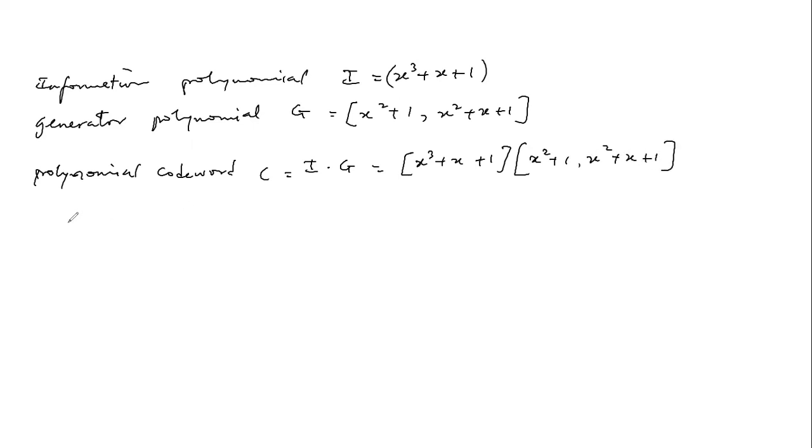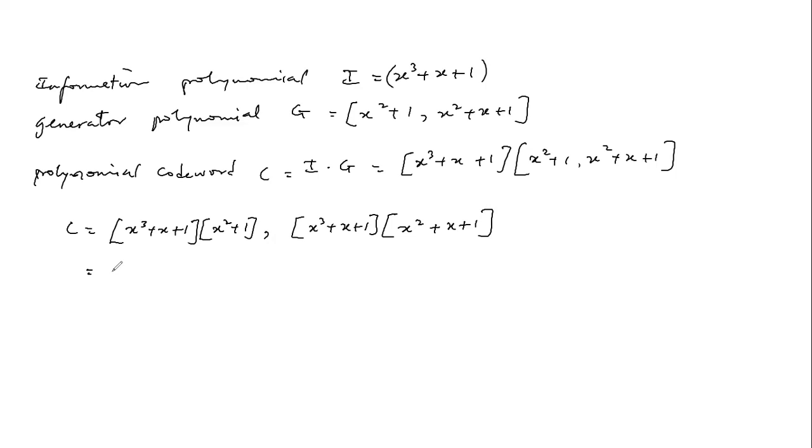Now, when we expand this, C will be x cubed plus x plus 1 times x squared plus 1, comma, x cubed plus x plus 1 times x squared plus x plus 1.